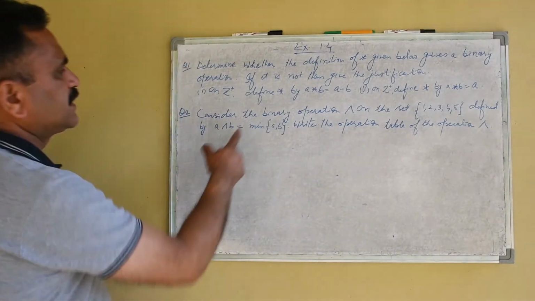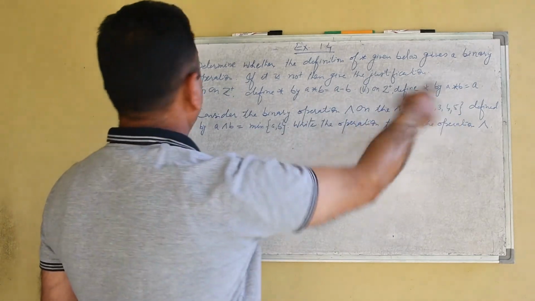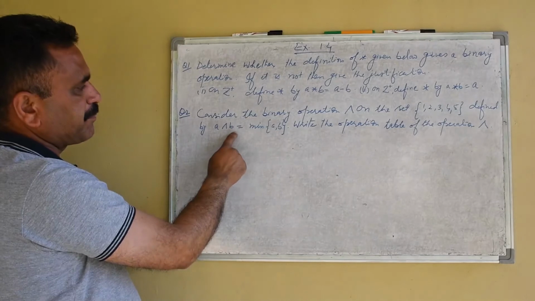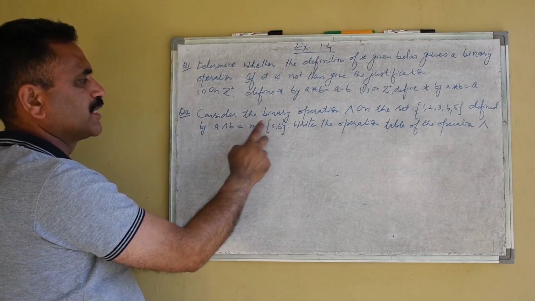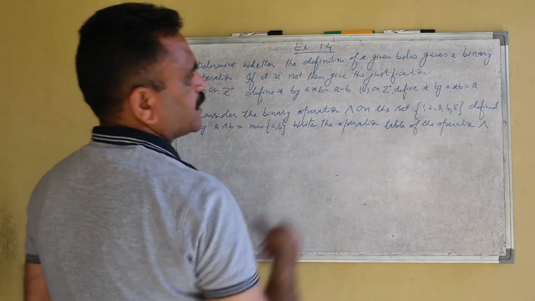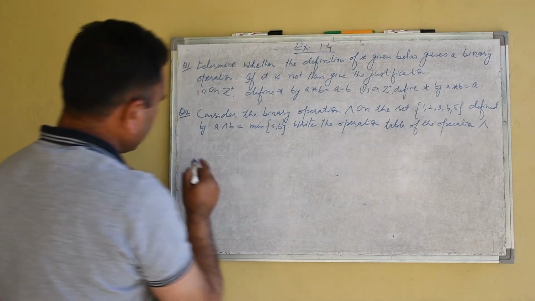Next problem: consider the binary operation cap on the set 1, 2, 3, 4, 5 defined by a cap b is the minimum of a and b. In both numbers, what is the minimum value? Write the operation table of the operation cap.